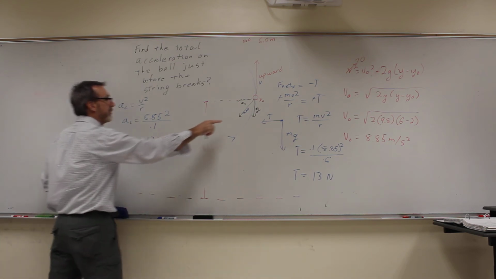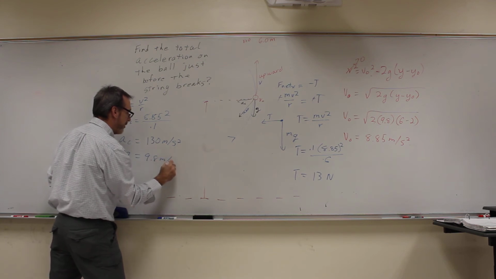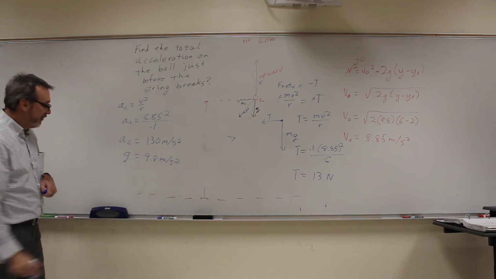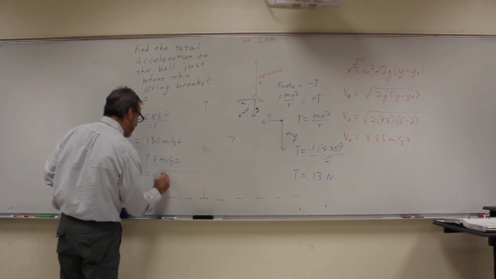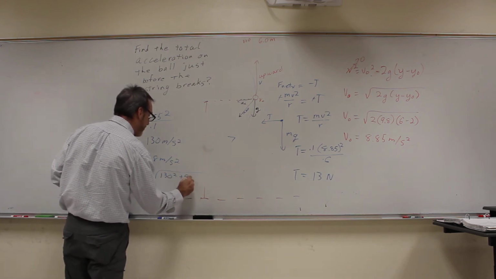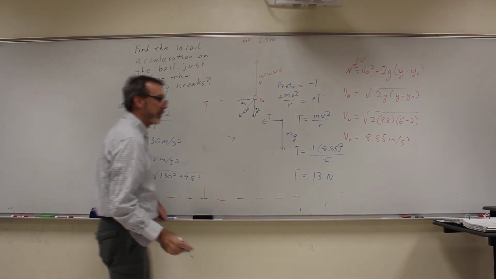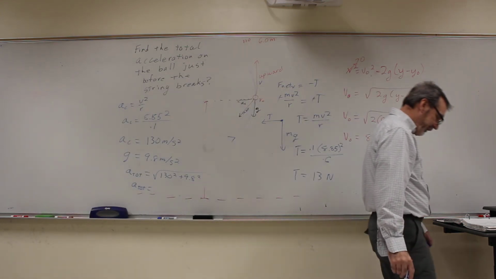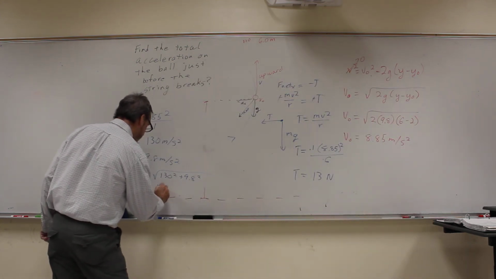And we know that gravity, g, is just 9.8 meters per second squared. So the total acceleration is the square root of 130 squared plus 9.8 squared, and you get that it is 131 meters per second squared.